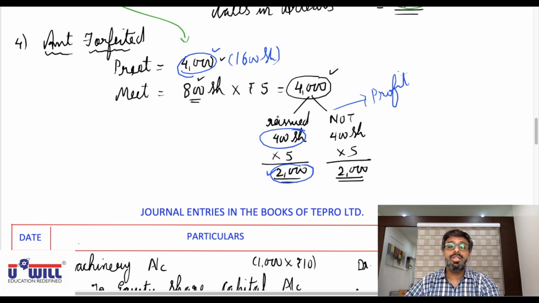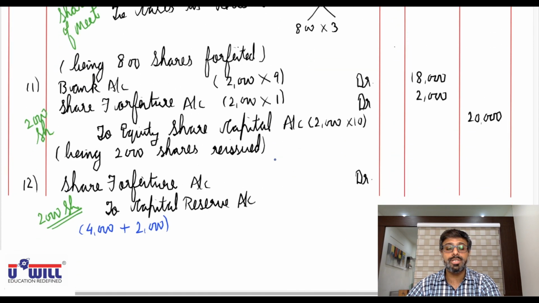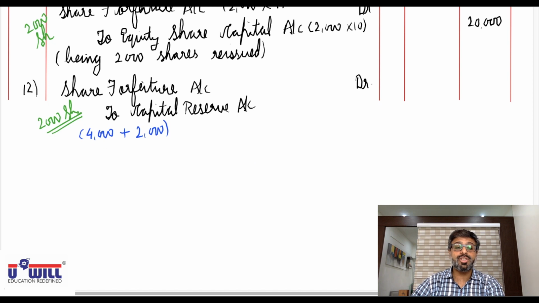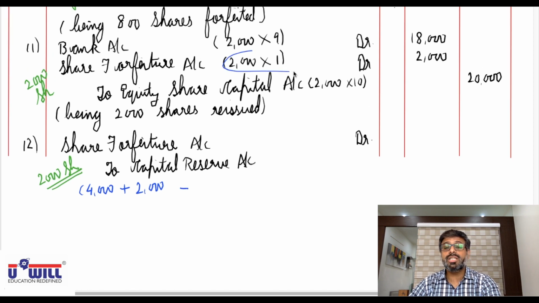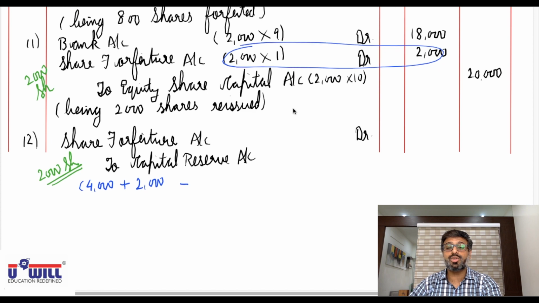So 1600 shares of Preeth are reissued, 400 shares of Meet are reissued. On 1600 shares of Preeth, amount forfeited 4000. On 400 shares of Meet, amount forfeited 2000. So what is the amount forfeited on these 2000 shares? 6000. From that, we have to minus the discount. Now the discount on 2000 shares is 2000 only.